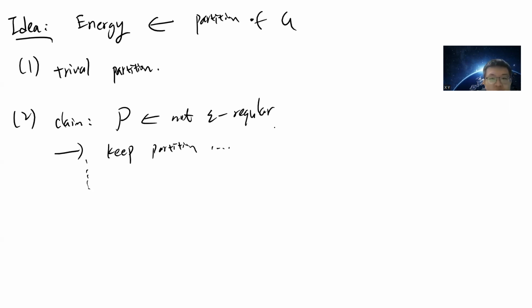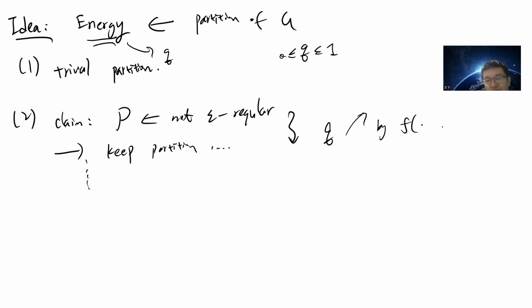The idea is that this energy, let's say this is Q, is always bounded from 0 to 1. If this partition is not epsilon regular and you partition again, then the energy will increase by some function of epsilon that is non-zero, let's say epsilon to some power c. So each time you repartition, your energy increases by epsilon to the c.